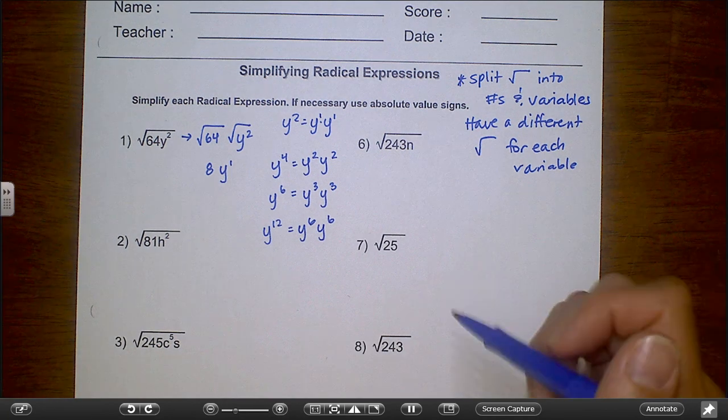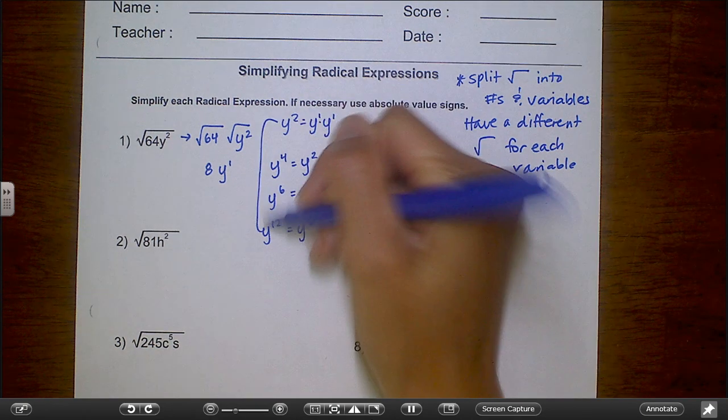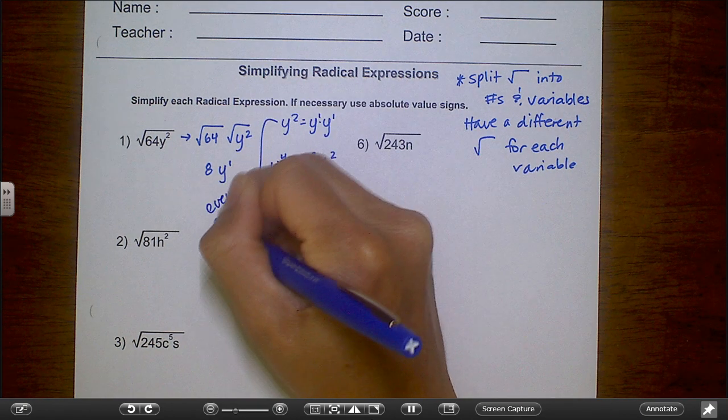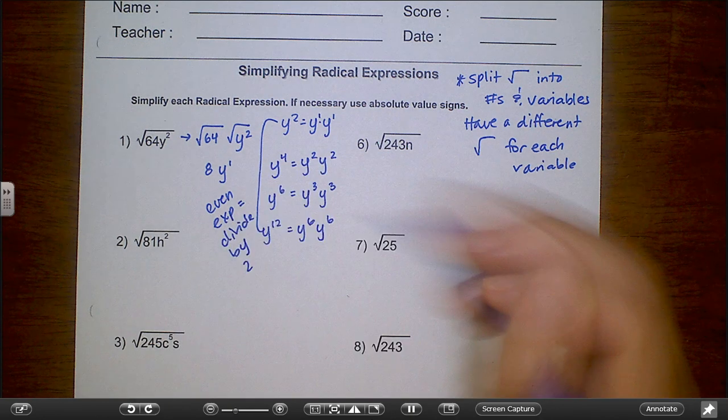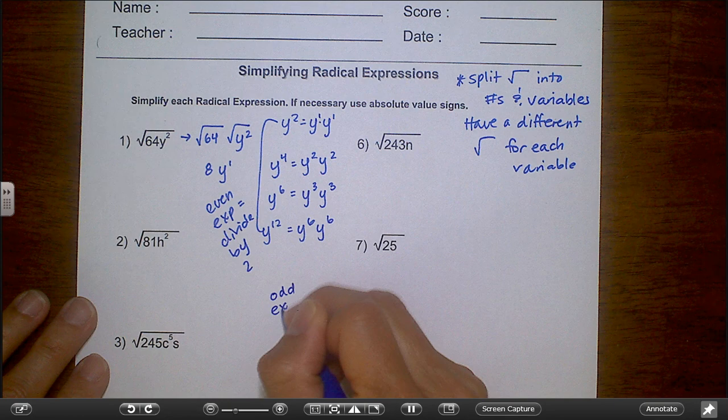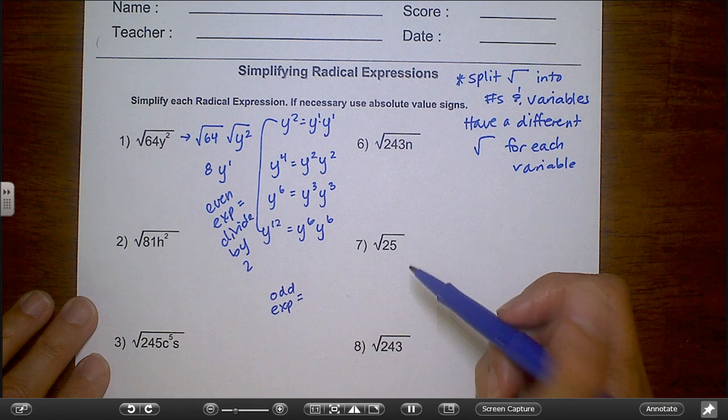Now, when you get into things with even exponents, you divide the exponent by 2. That's how you take the square root of it. Odd exponents, you have to do something a little bit different.